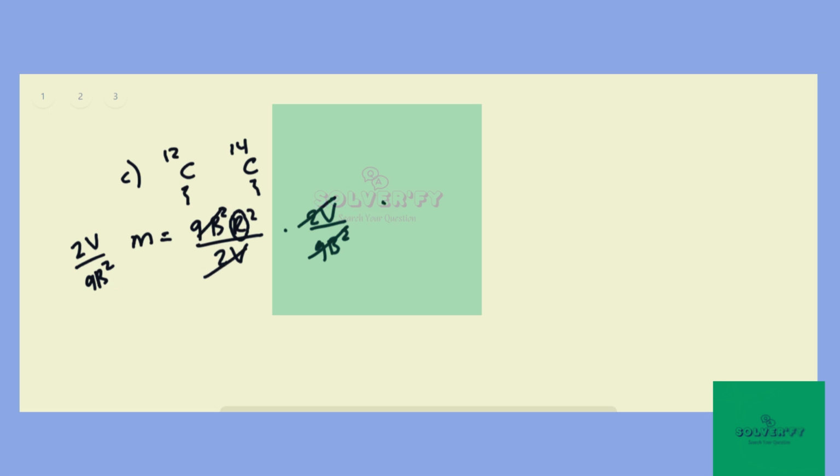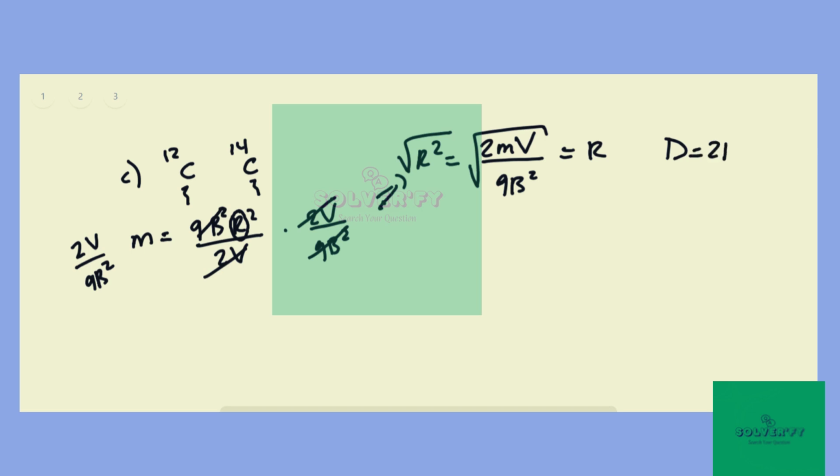And then for r squared, we're going to have 2mV over qB squared. Now if we take the square root, then we have what r is. Now, again, we have to compare the diameters, right? Because that's the different distance traveled for each isotope. So then what we're looking for actually is 2r.